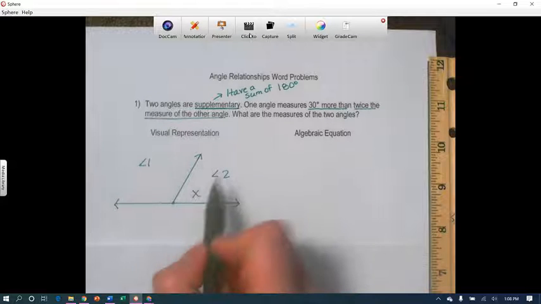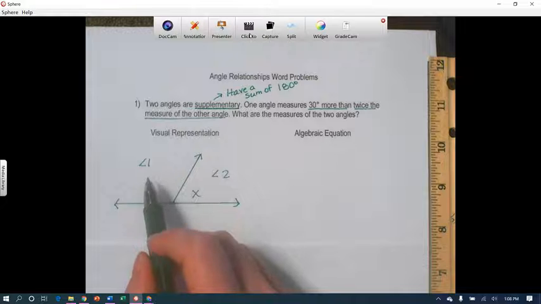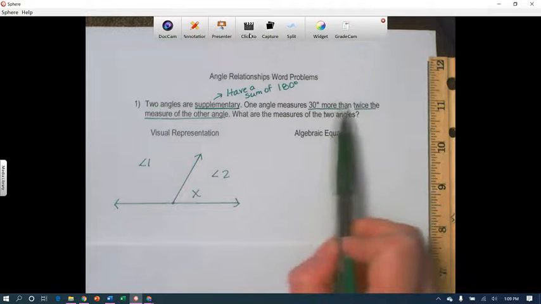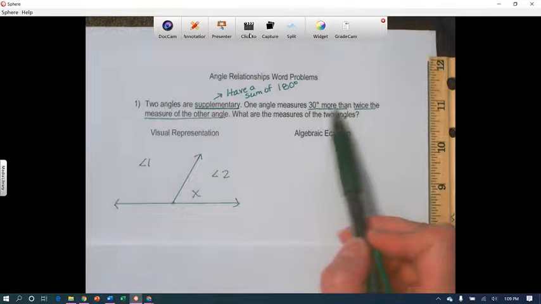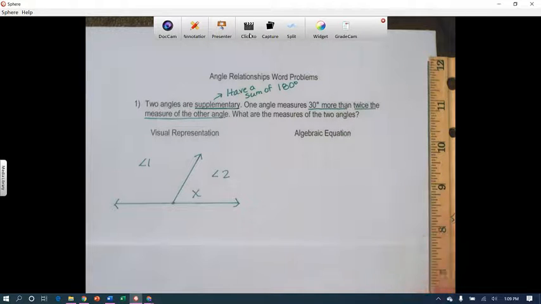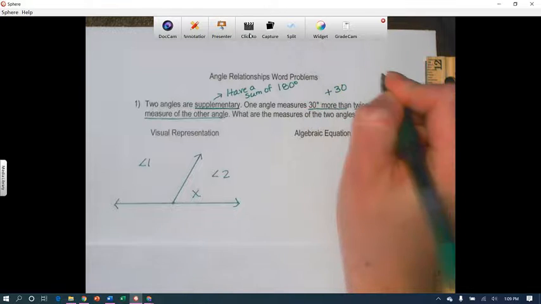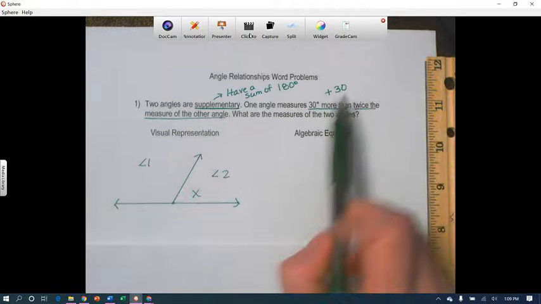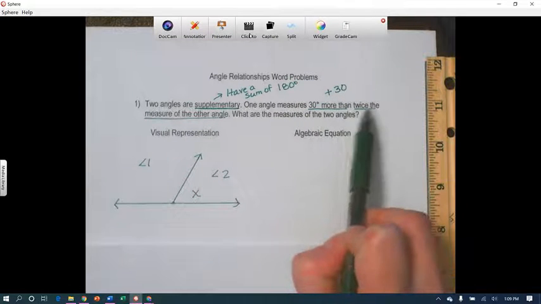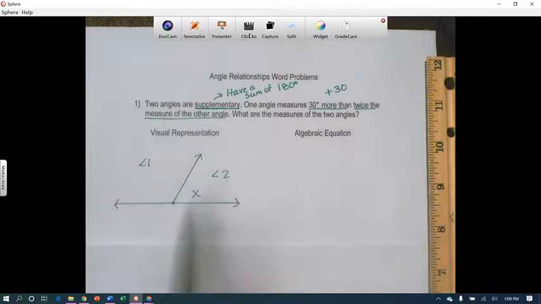I'm not sure what that angle measures. However, we do know that the other angle is 30 degrees more than. So 30 degrees more than means that we should be adding 30 to something. 30 degrees more than twice the measure of the other angle. Twice the measure of this angle.